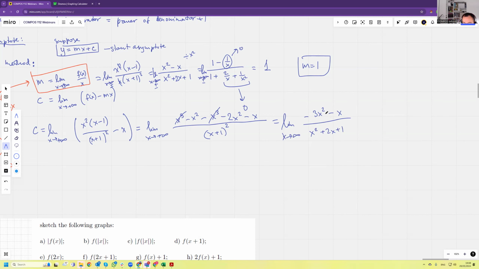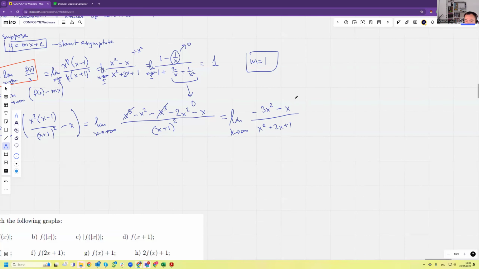As x tends to infinity, once again, we divide top and bottom by x squared. We get minus 3 minus 1 over x, and here we have 1 plus 2 over x plus 1 over x squared.